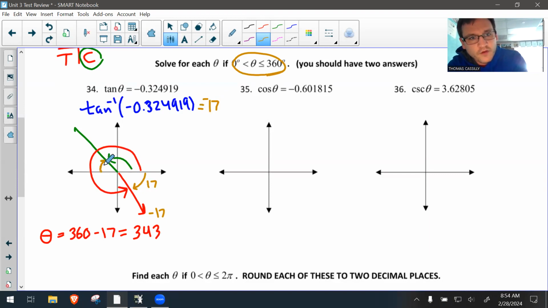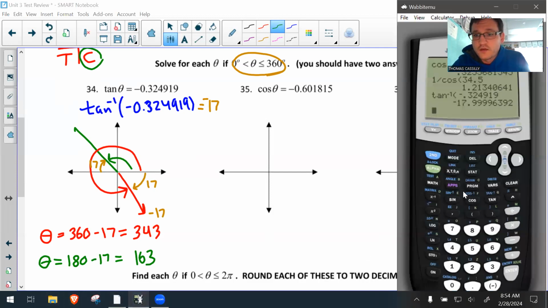Reference angles are always positive. For the green theta up there, it's 180 minus 17, because it's not quite half the spin. That gives us 163. Those are the two values of theta.